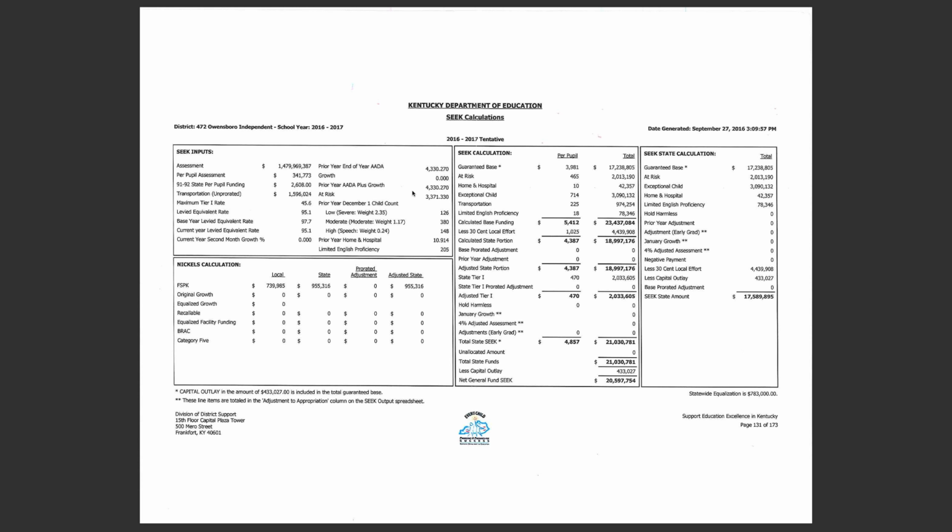The same thing with exceptional child. Okay, and of course that's broken down into 3 categories based on December 1 child count: low, moderate, and high. And of course that refers to not the severity of disability, but the number of students that are typically identified.